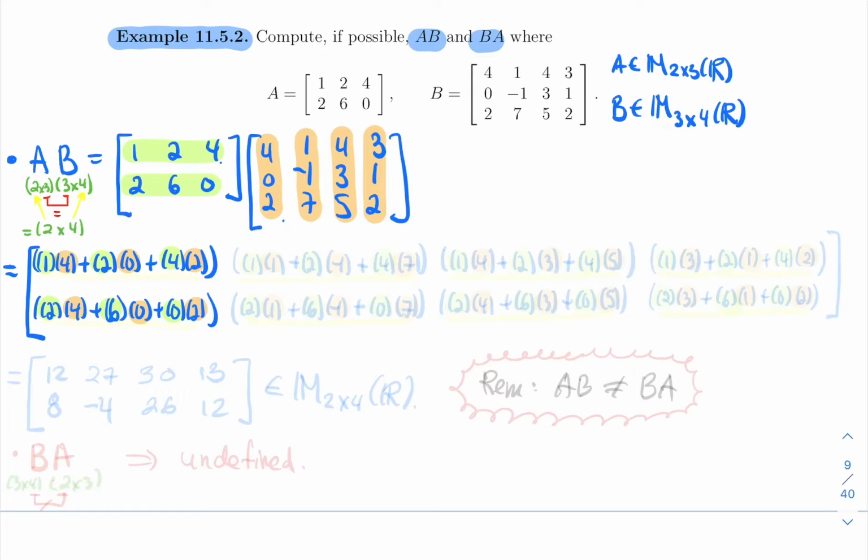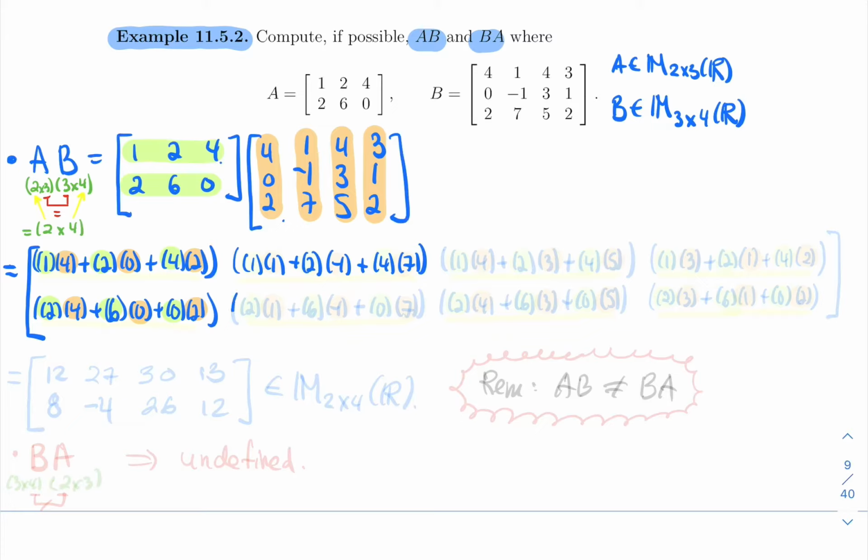So next up, now we're going to use the second column of B to compute the second column of the product AB. So here we go. We have 1 times 1 plus 2 times minus 1 plus 4 times 7.